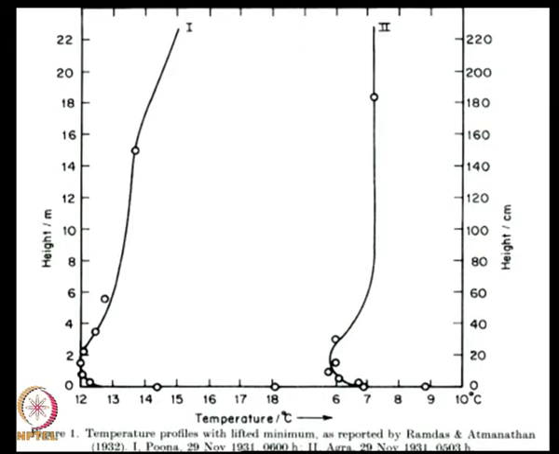The other possible reason people thought was the role of turbulence. They thought that on calm clear nights, turbulence may have been very low, and it could have led to a very unusual behavior of the eddy diffusion coefficient of turbulence to have some unusual feature which leads to this minima.